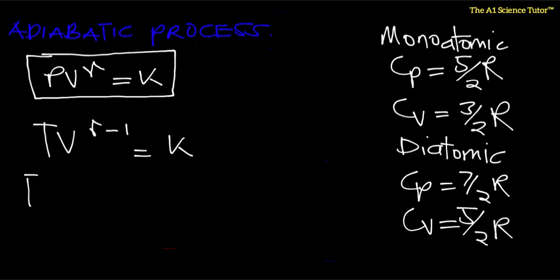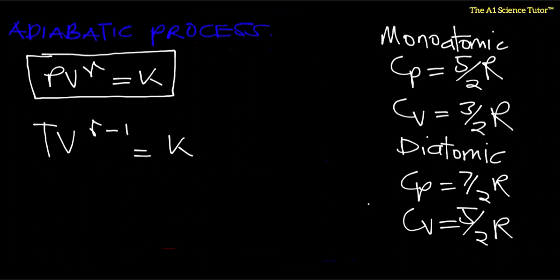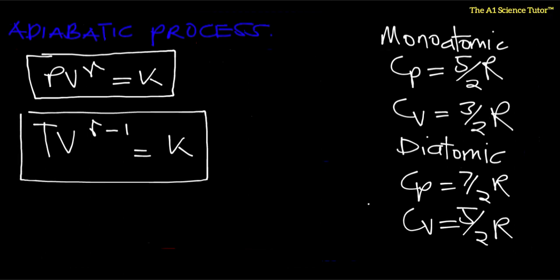So we should have T1 V1 raised to the power of gamma minus 1 being the same thing as T2 V2 raised to the power of gamma minus 1, right? That continues to whichever extent you have available in that question. So this is the second equation that you need under an adiabatic expansion.